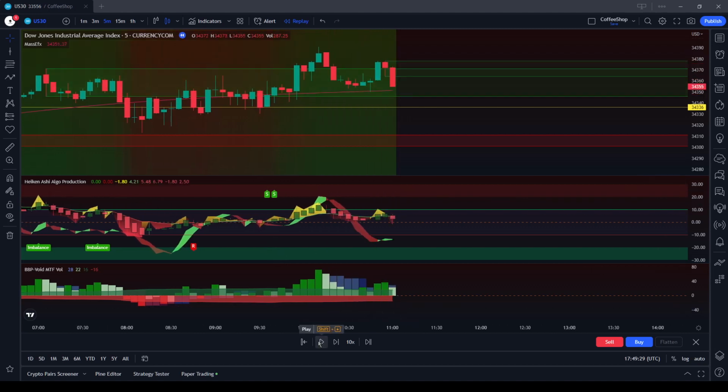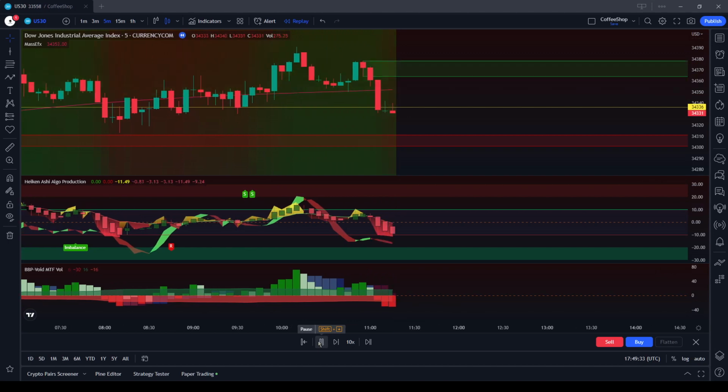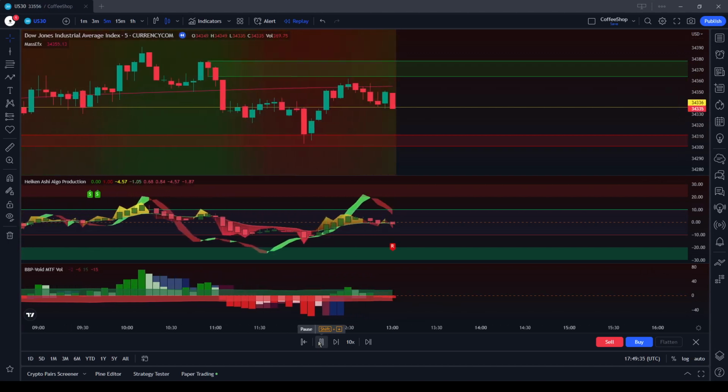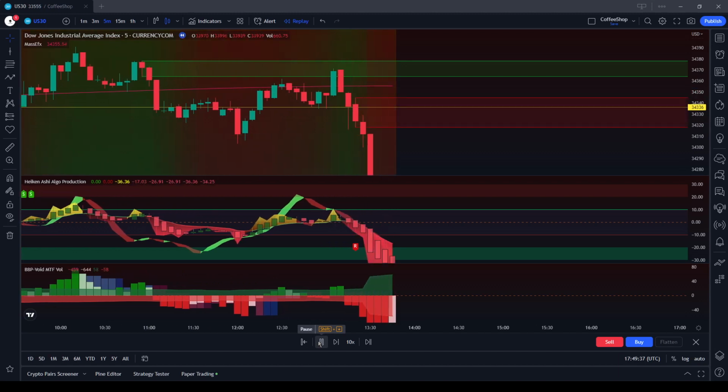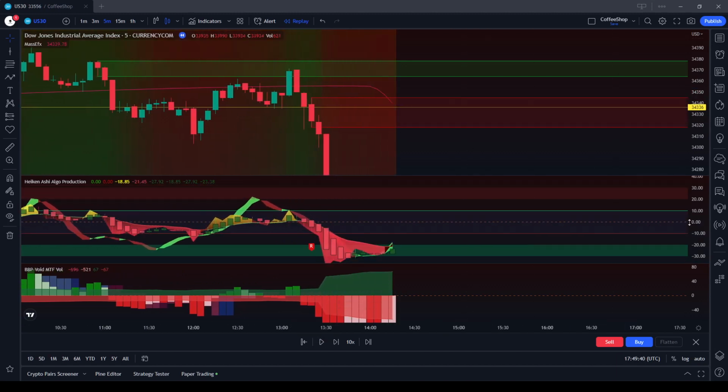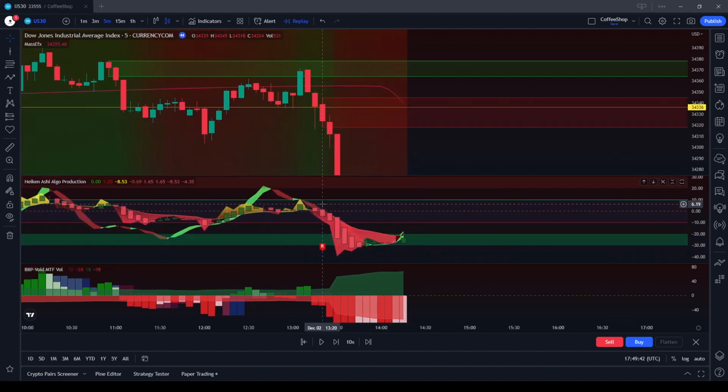Now, please bear in mind, Tony and the rest of you, the color of the imbalance signal is irrelevant. It doesn't mean anything. I just made them two different colors so that if you have a bearish imbalance and a bullish imbalance at the same time, they'll end up showing up over each other, or they'll show up above the support or resistance level.